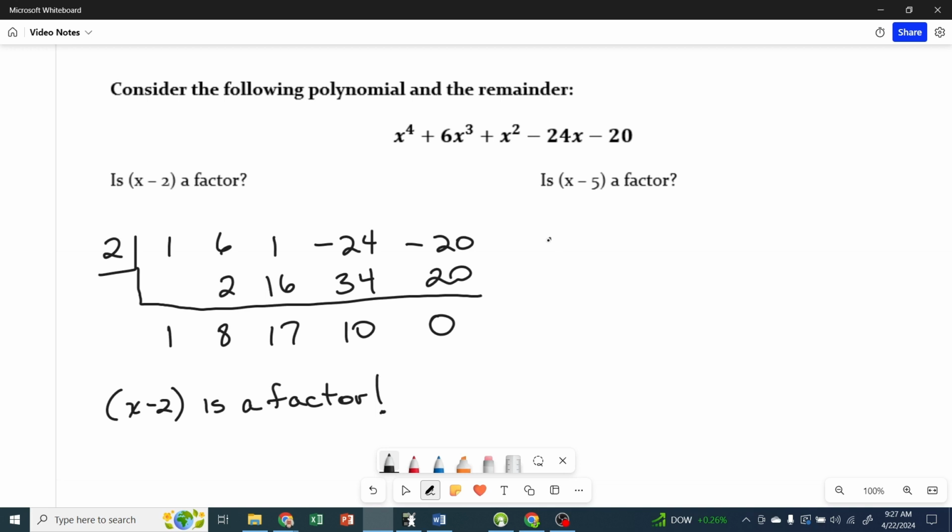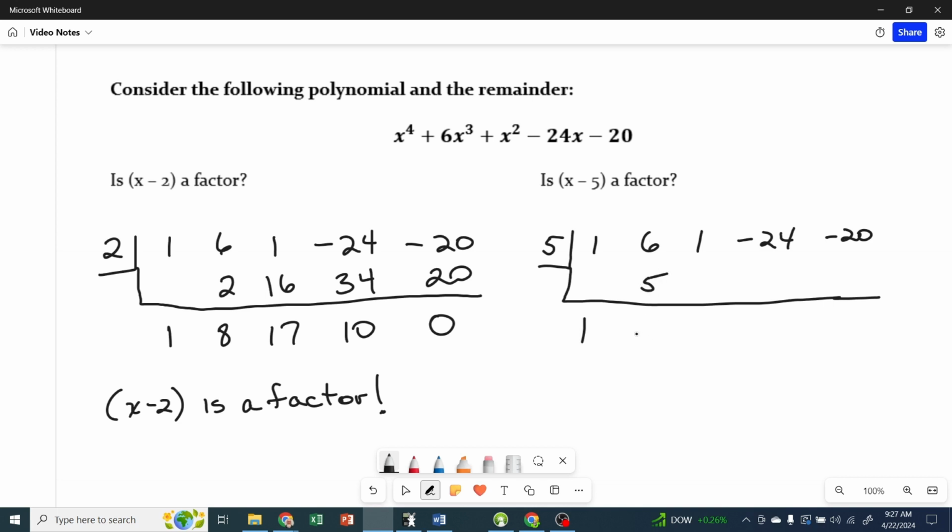Let's try this one. 5. And again, it's 1, 6, 1, -24, -20. 5 times 1 is 5. The 6 and 5 is 11. 5 times 11, 55. And 1 is 56. 5 times 56 is 280.